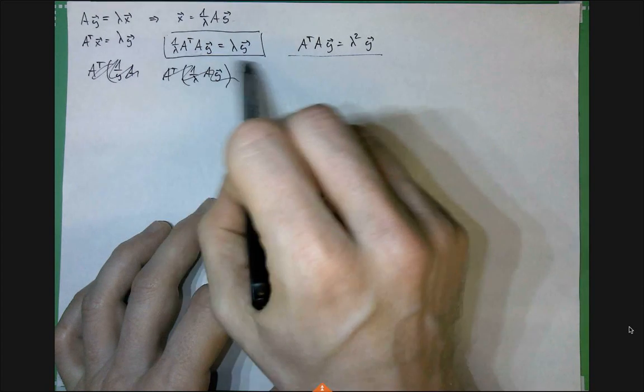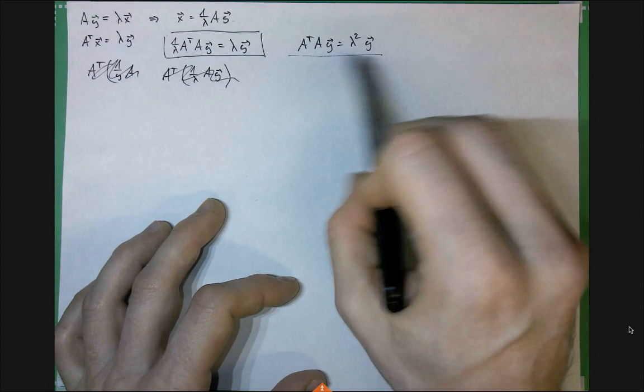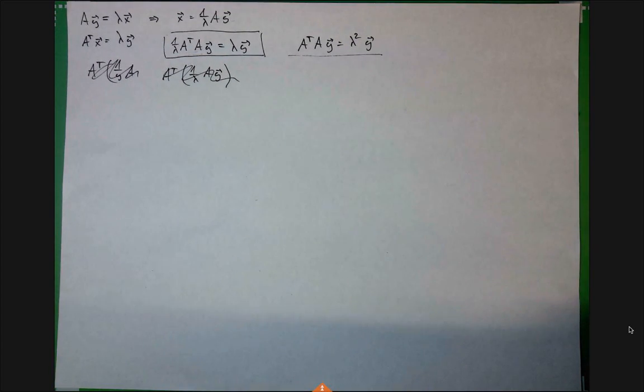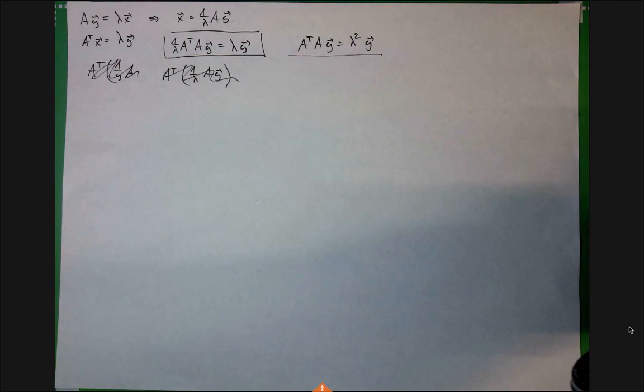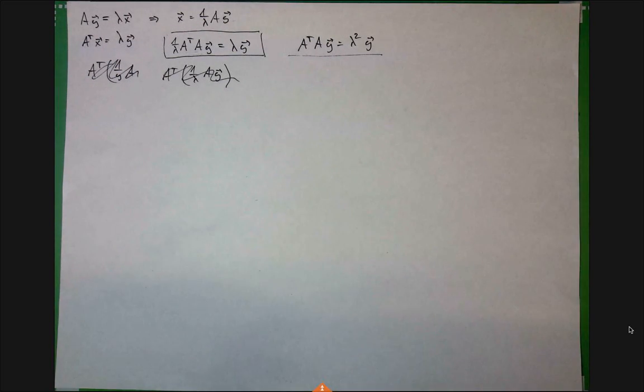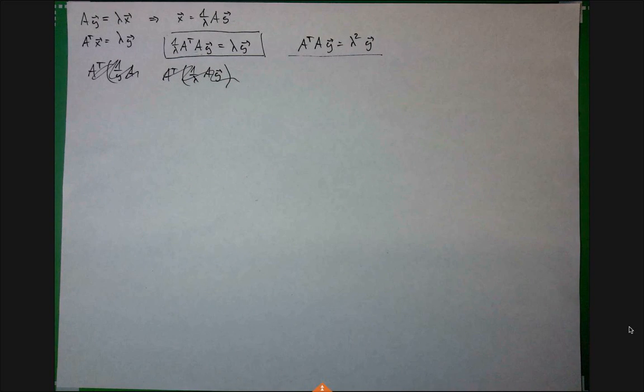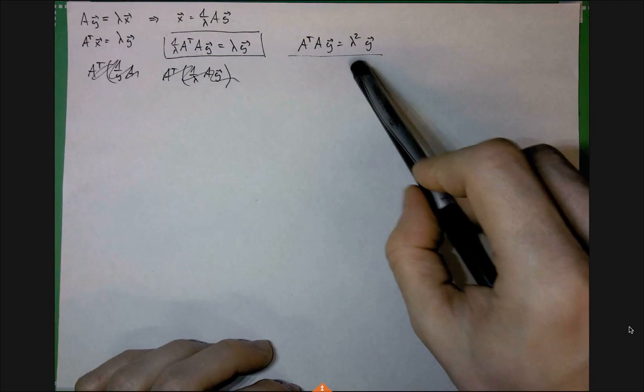And what this is, after I multiply it with lambda, we realize that this is, what is that? What is this equation? That y is the eigenvector of A transpose A, and the lambda squared is the eigenvalue, right? So that's quite interesting, right?